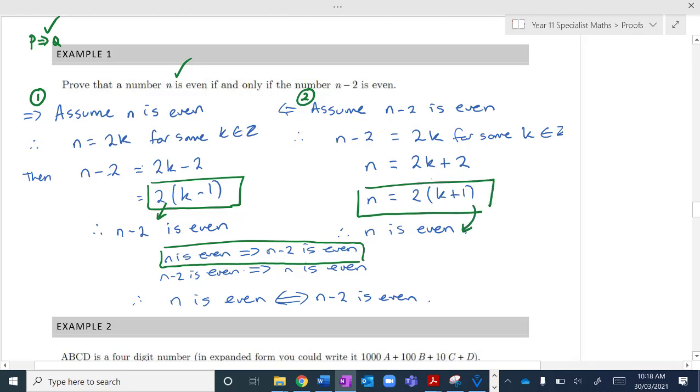So we've done step 2, Q implies P. Therefore, having done P implies Q and Q implies P, we can say that these are equivalent. We've done it both ways.